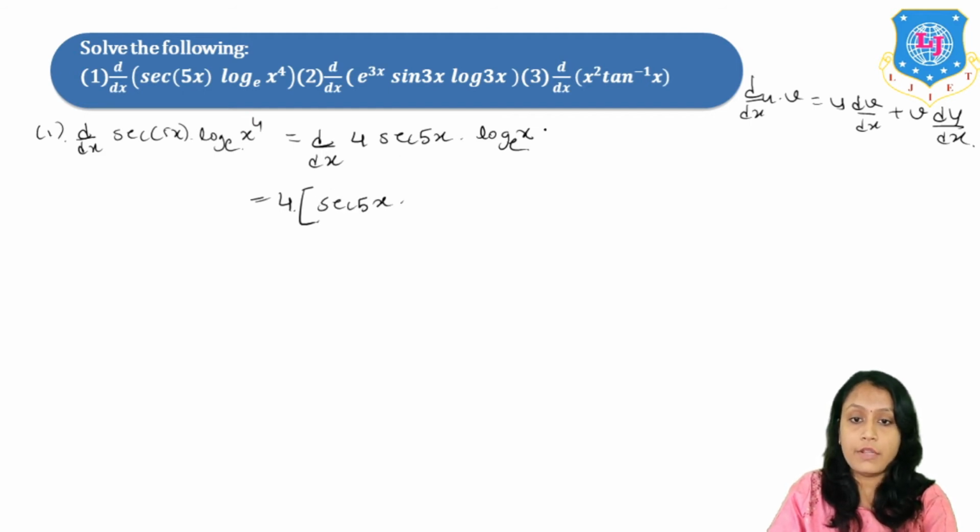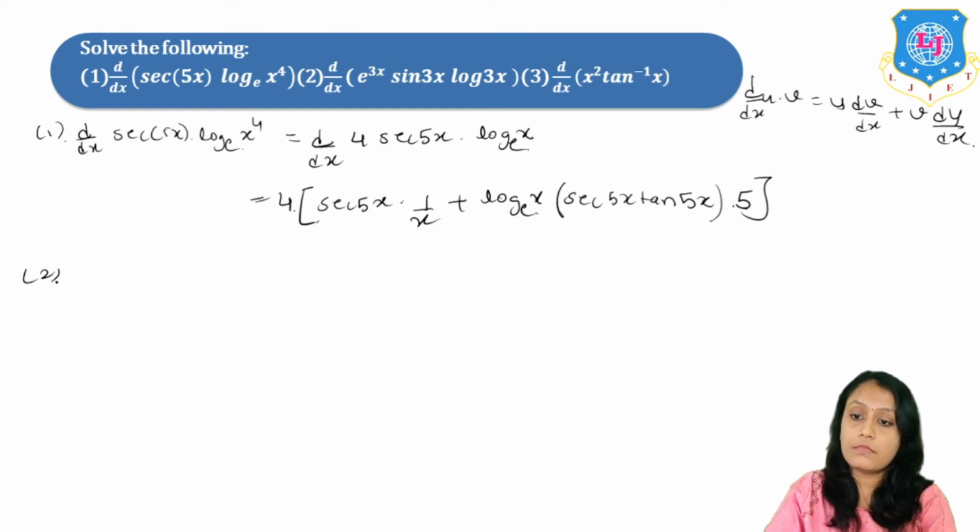Now the derivative of the second term is 1 upon x, plus now the second term we keep as it is. Derivative of this first term: firstly apply the sec formula, so you will get sec 5x tan 5x. And now using the chain rule we need to write down the derivative of 5x, so it will be 5. So this is your answer.